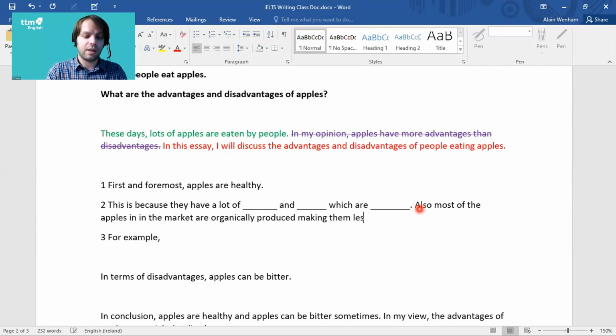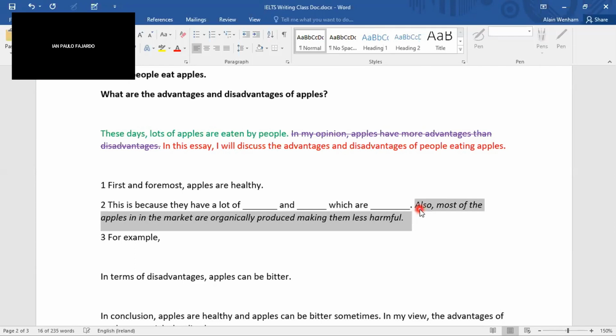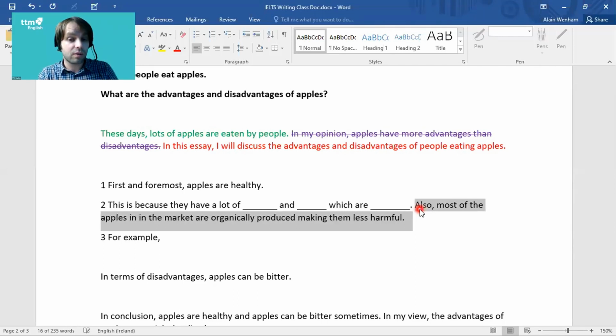Making them less. Now, what do you think? This is exactly, I'm just catching you in the act here, Ian, of doing something the whole point of this is to stop you guys doing. What's the problem with this, Shahani? It's a great sentence, really nice grammar. What's the problem with it, though? Andrea, Mihaela?